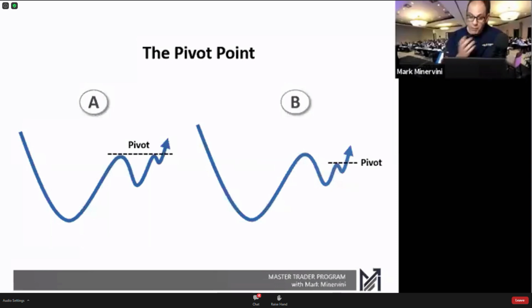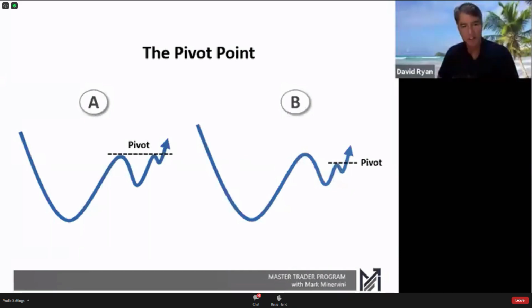Now, the pivot point could form at the highs of a base, or it can form a little bit lower. We're going to talk about how you differentiate that. Again, it can form with a confluence of a bunch of price action coming across that equals the pivot point's high, or it might be a little bit lower. I'll show you how that plays out in real life in just a second.